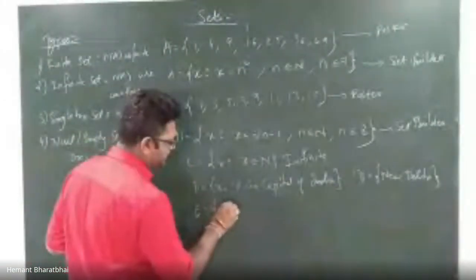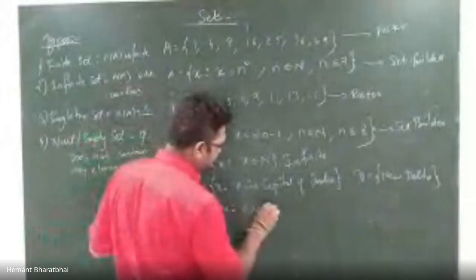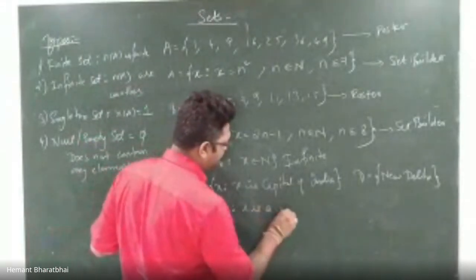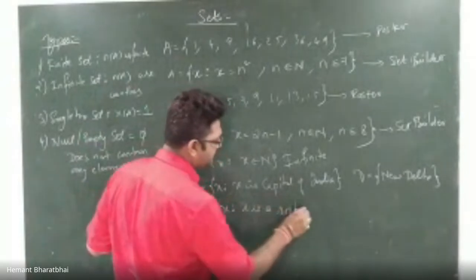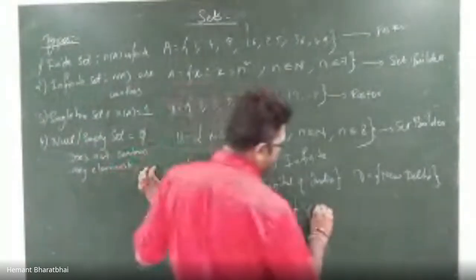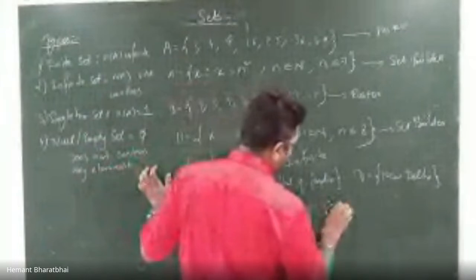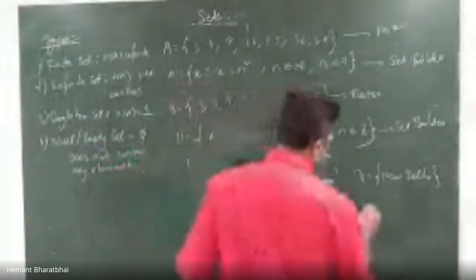Let us see one more example of a null set. If I say E is the set of X such that X is a root of the equation X square plus 1 is equal to 0, where X belongs to real numbers.